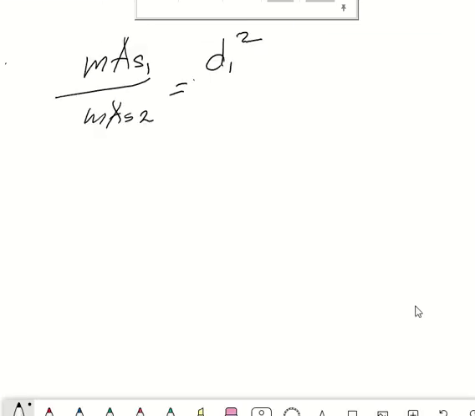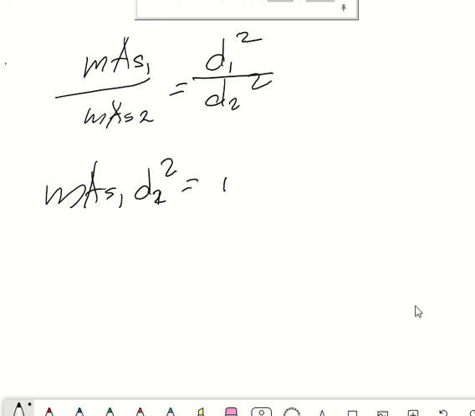Or we can write this as MAS1 D2 squared is equal to MAS2 D1 squared.